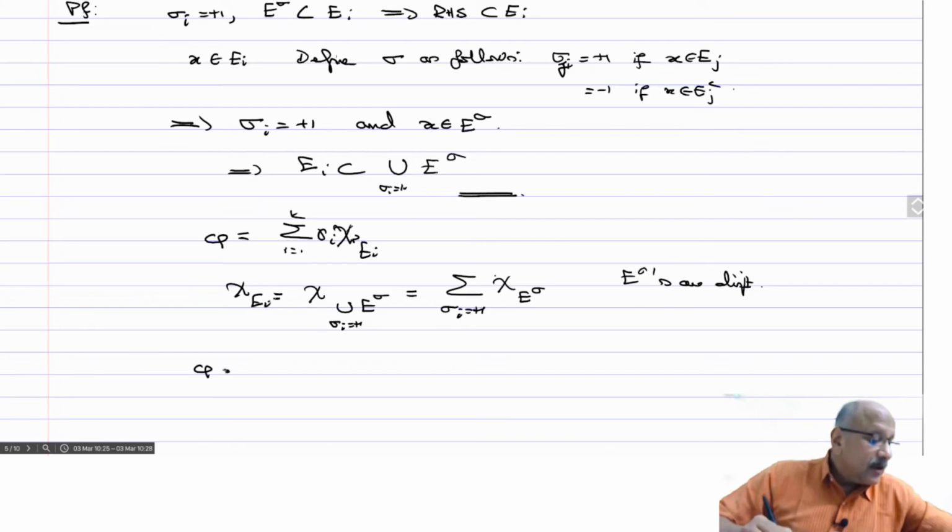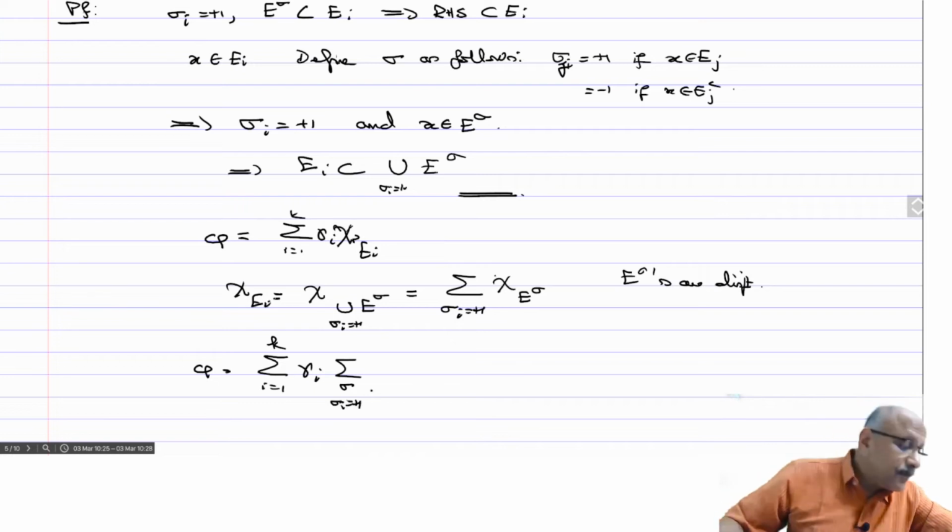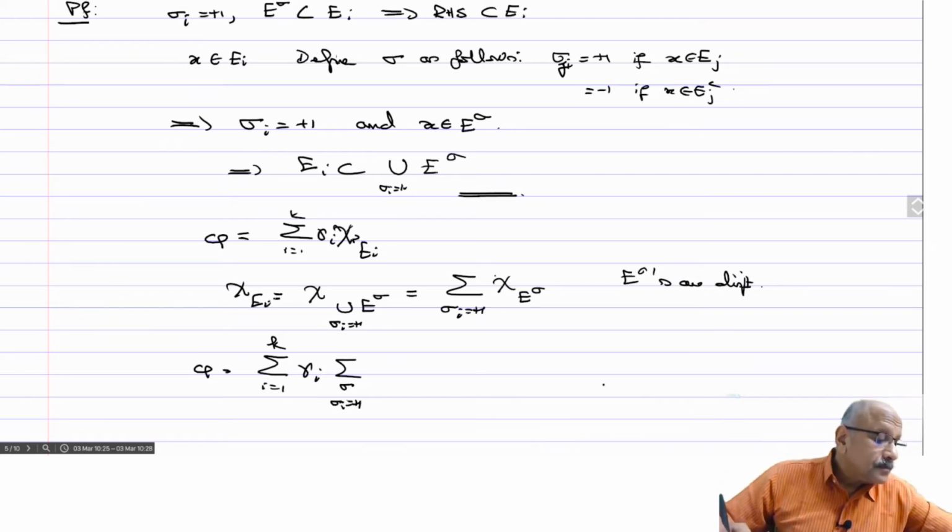Consequently, phi is equal to the sum over i from 1 to k of gamma_i times the sum over all sigmas such that sigma_i equal to plus 1 of chi of E_sigma.